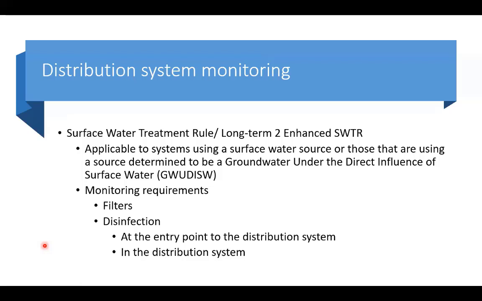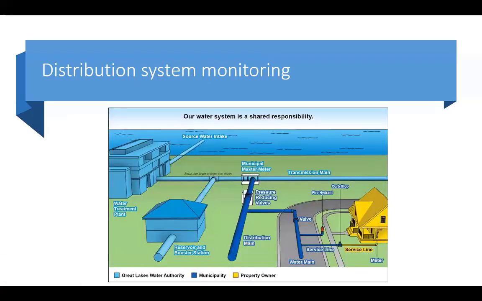And they have to ensure that the free chlorine residual at the entry point to the distribution system is not less than 0.2 milligrams per liter. And for all systems that have greater than 3,300 customers, then they have to do continuous monitoring. They also have to monitor for disinfectants in the distribution system.